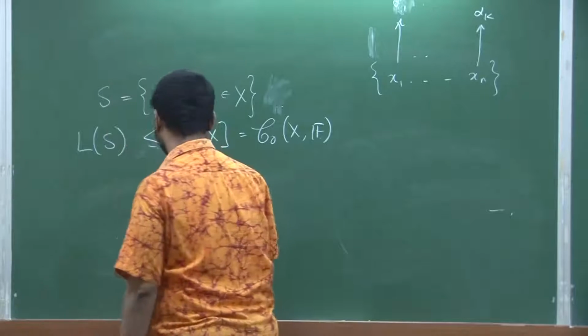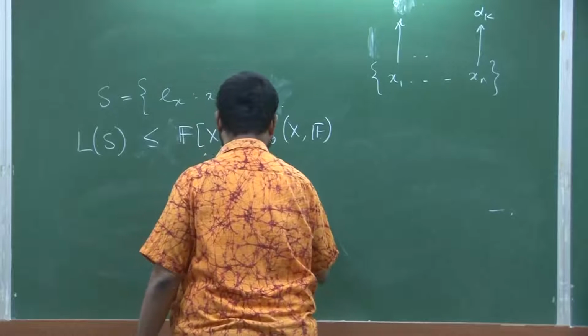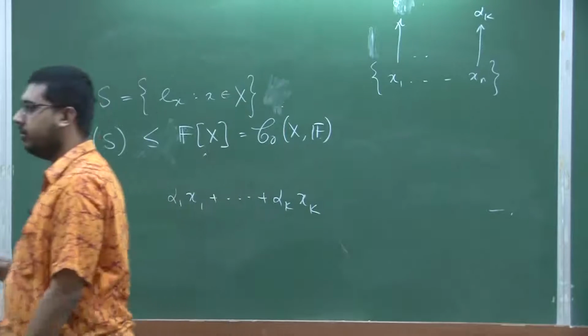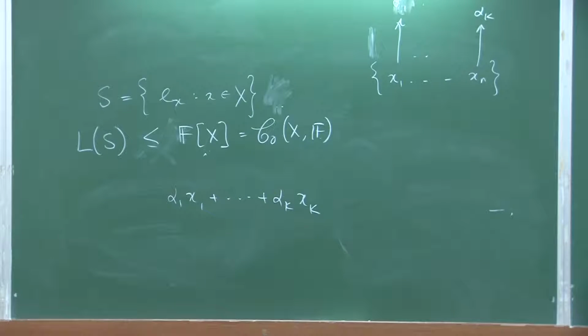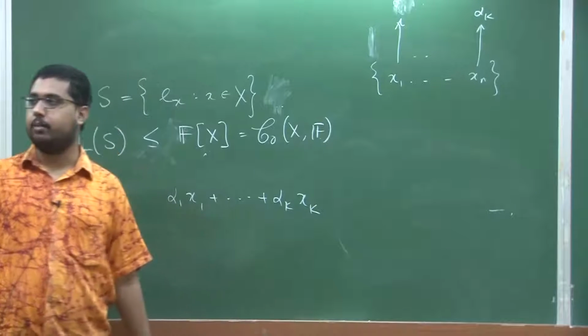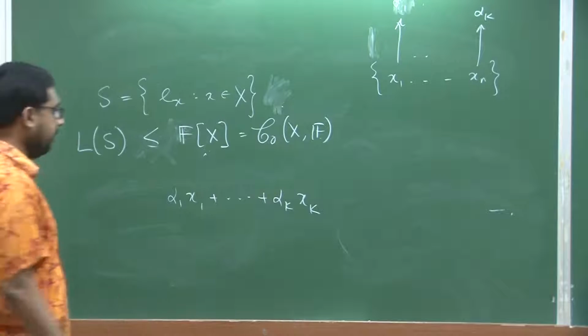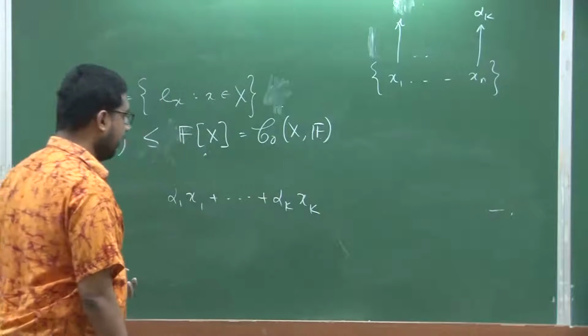We simplify the notation, and I will express that by this notation. This formal sum stands for the function that takes the value alpha i at the point xi and 0 at any other points, other than the xi's.